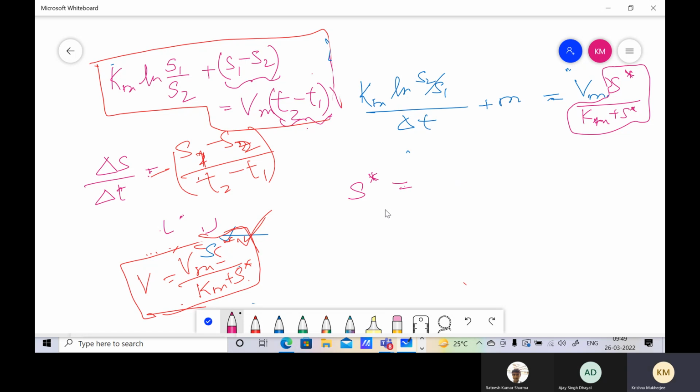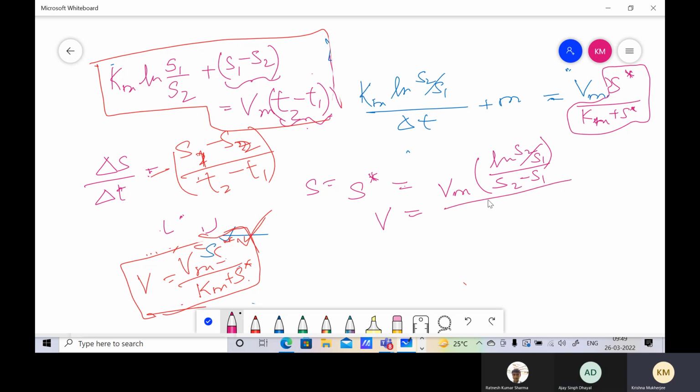So I am saying, what is the V? Now tell me what is the V at S is equal to S star? Vm S star. What is S star? Just now I said ln S2 by S1 upon S2 minus S1. ठीक है?